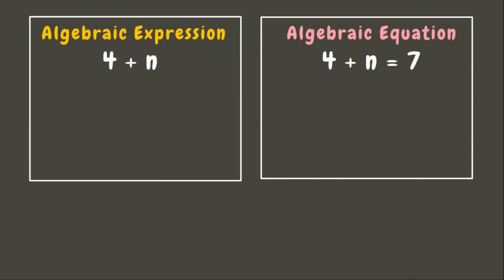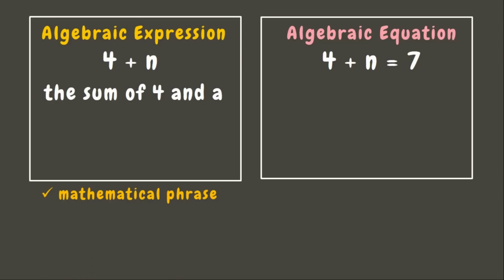Let us discuss the differences between expression and equation. An algebraic expression is a mathematical phrase. For example, we have the sum of 4 and a number. And as we can see, this is not a complete sentence. While the algebraic equation is a mathematical sentence.